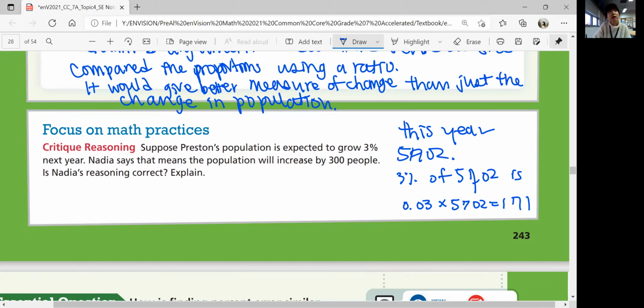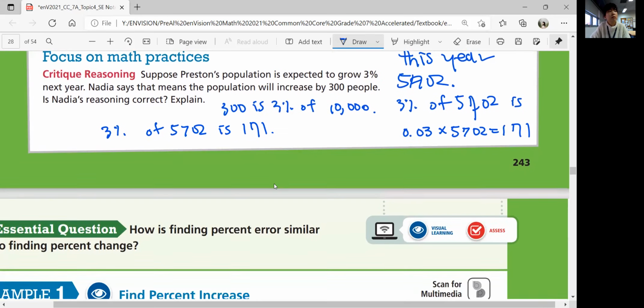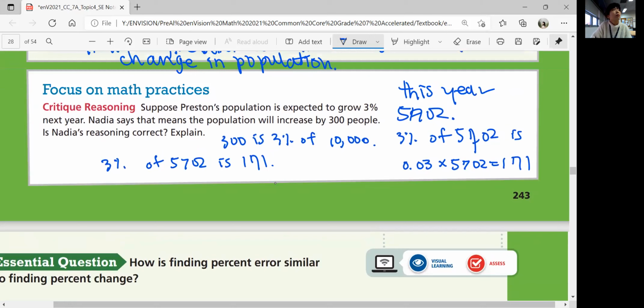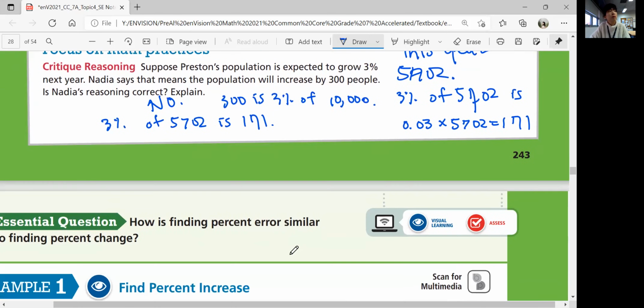It is not 300 because 300 is 3% of 10,000 people. 3% of 5,702 is 171. Okay. So no.